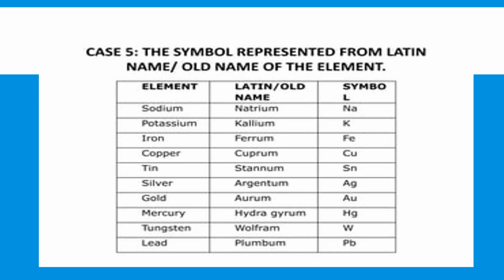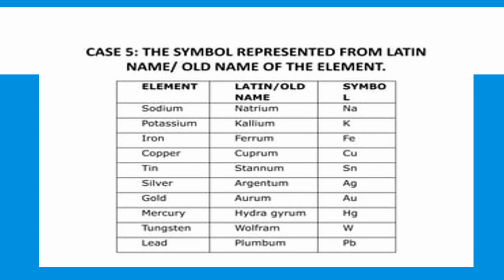Potassium was known as kalium and its symbol is K. Iron, ferrum, Fe; copper, cuprum, Cu; tin, stannum, Sn; silver, argentum, Ag; gold, aurum, Au; mercury, hydrargyrum, Hg; tungsten, wolfram, W; lead, plumbum, Pb; like this.